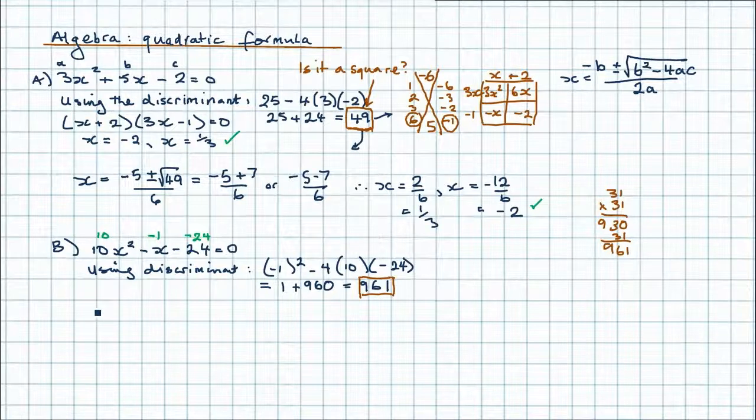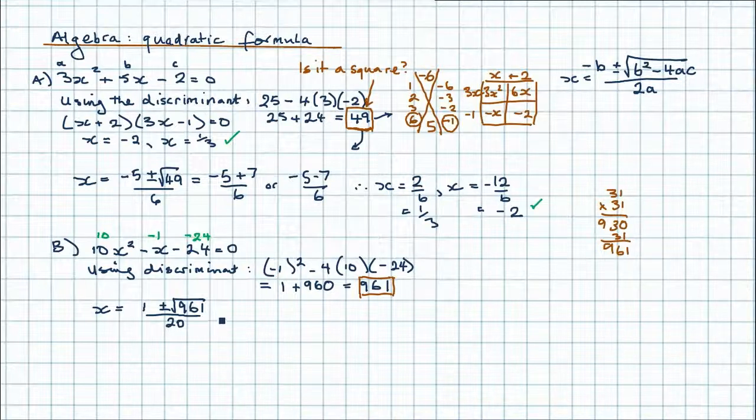So we start with x equals, we put our 961 under the square root sign, put our plus or minus in front, and minus b. Well, b is negative 1, so minus b is going to be just 1. So nice and easy, 1 plus or minus the square root of 961, all over, put our fraction bar here, 2 times the first term, a, so 2 times 10, 20.